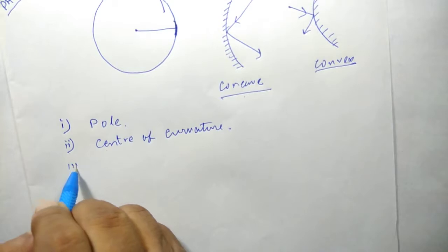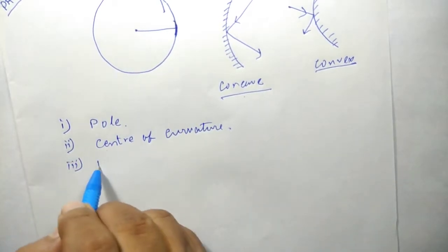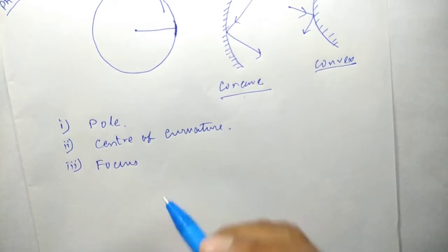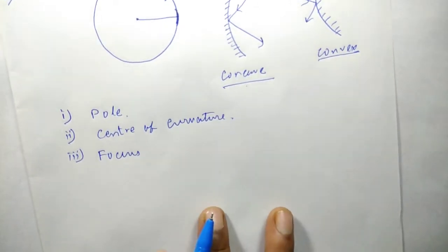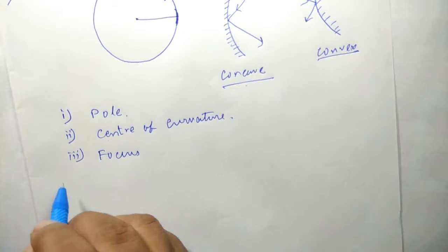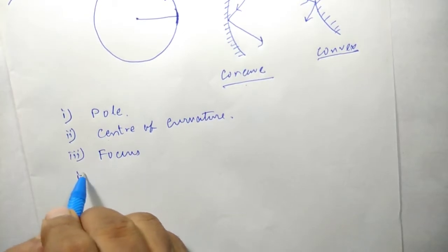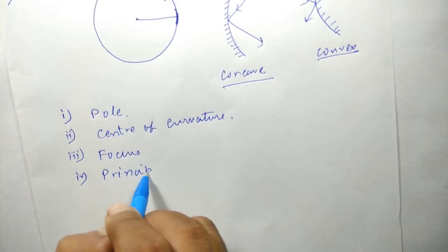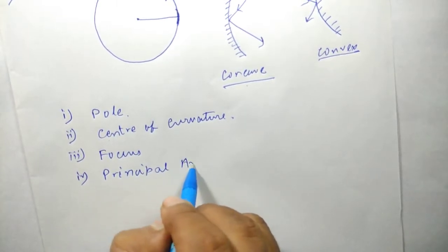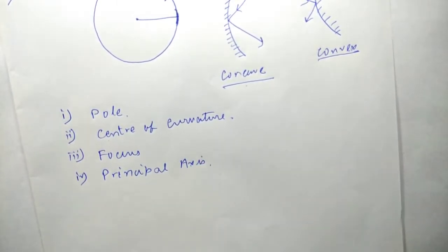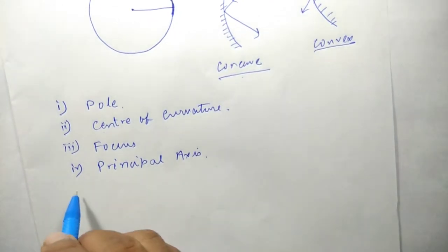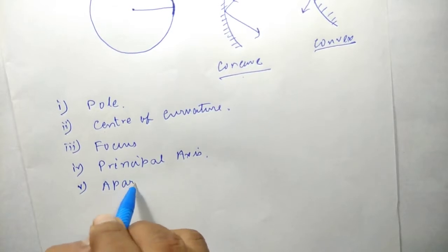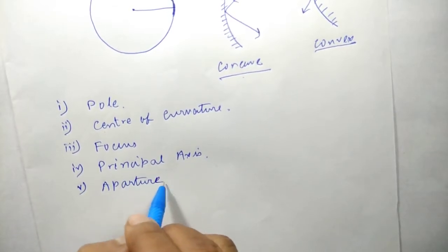Number three is focus of the mirror, or the focal point of the mirror. Number four, the principal axis of the mirror. And then number five is the aperture of the mirror.